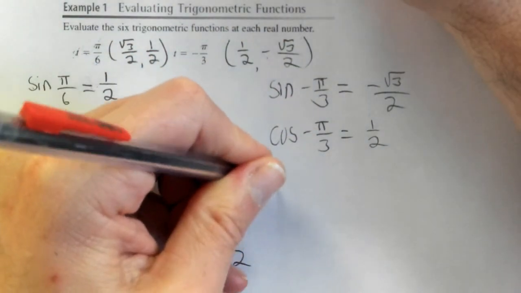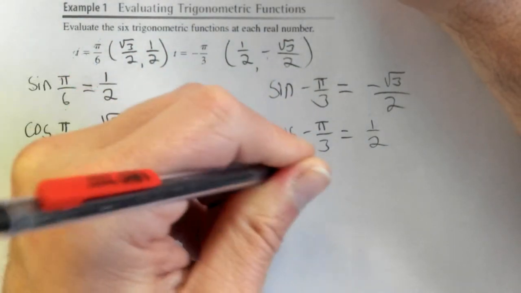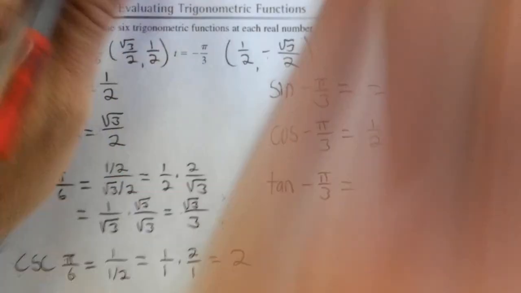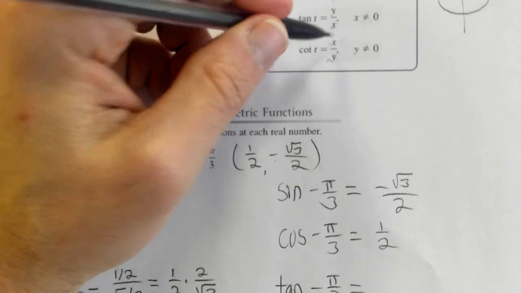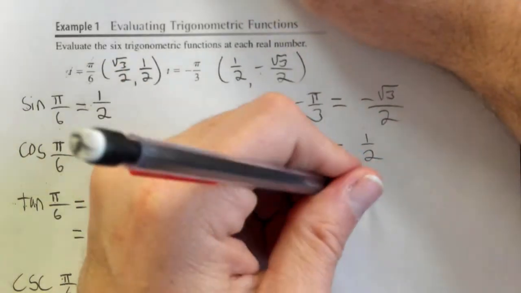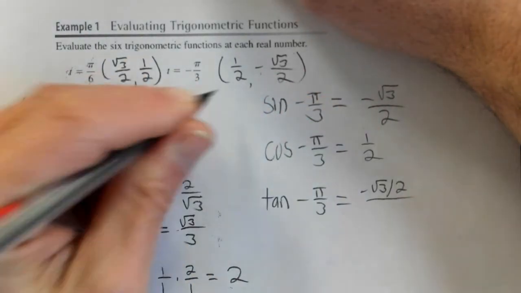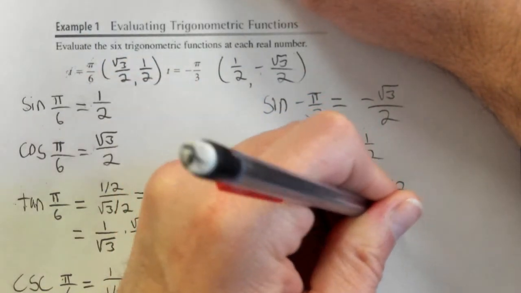Now we need the tangent of negative pi over 3. You want to see what that's equal to. And what's tangent? It's y over x. So what's the y? It was negative square root of 3 over 2. And what was the x? 1/2.